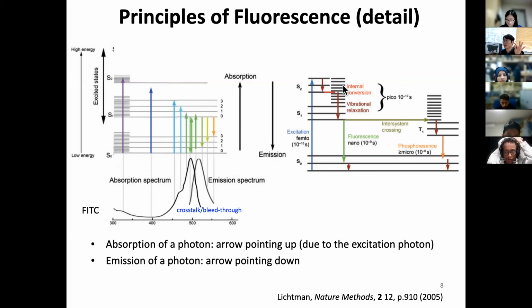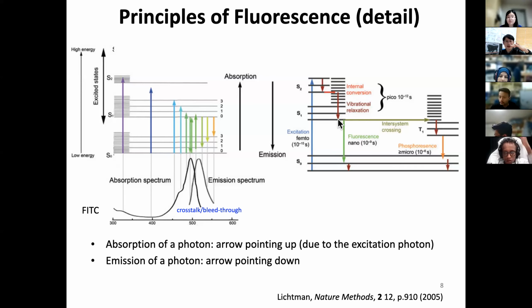Then comes internal conversion, which means the energy gets lowered step by step, or vibrational relaxation, where the molecule relaxes in terms of vibration. That's on the picosecond order. It's 1,000 times longer, but still very fast. But what is the determining factor here, fluorescence?